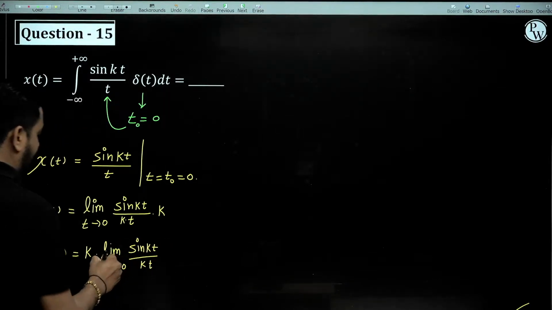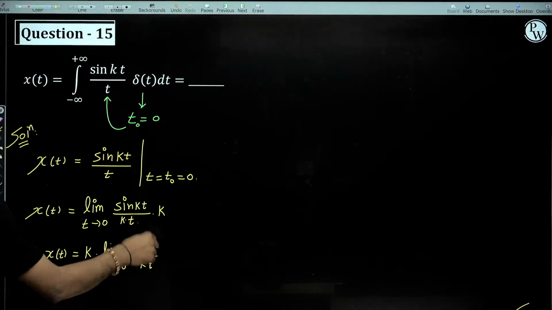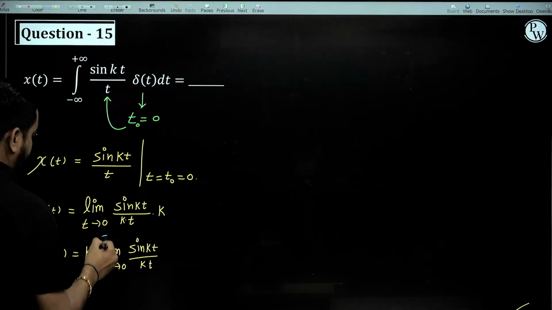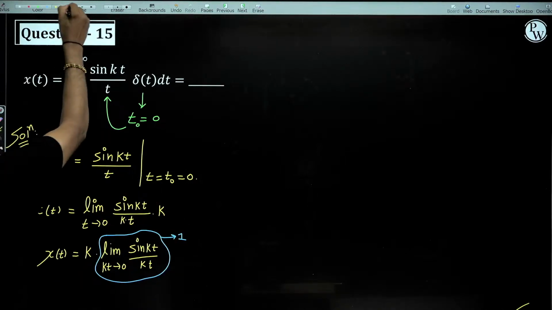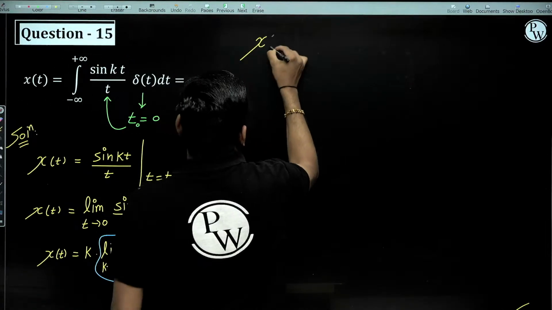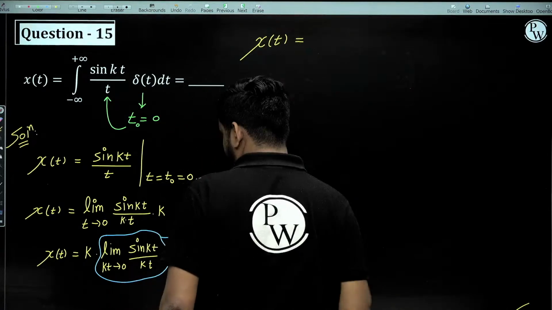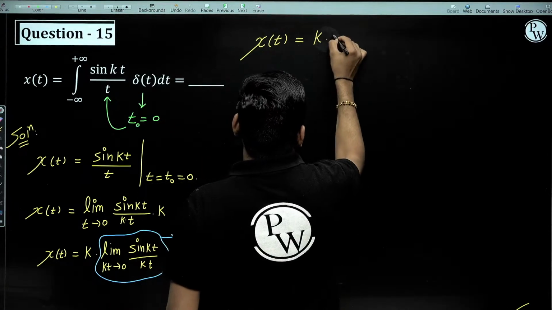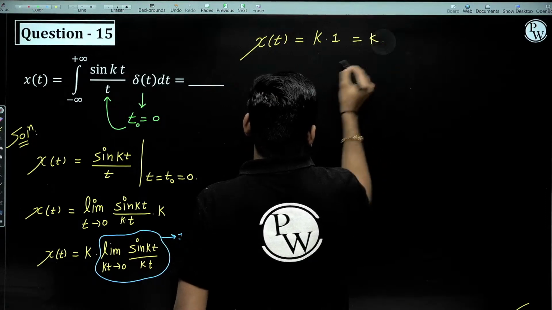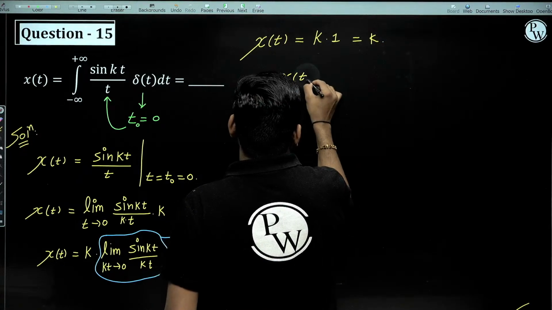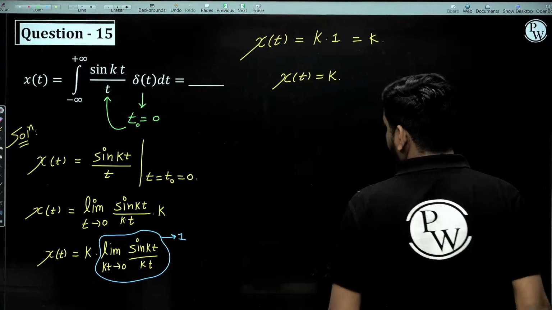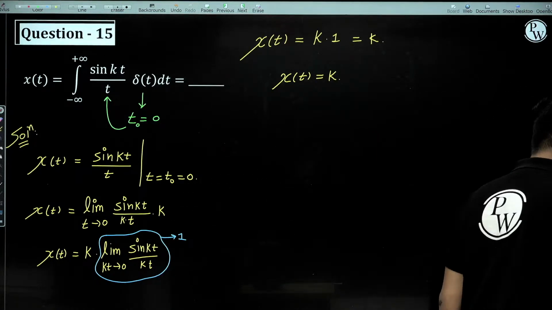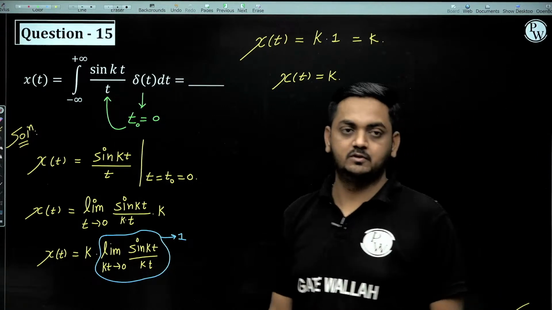Now the limit as theta tends to 0 of sin theta upon theta has the value 1. So x of t is equal to k into 1, so the answer is k. Here x of t is reduced using the property. This is a very important question, guys, fine.